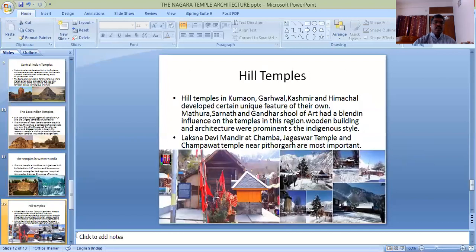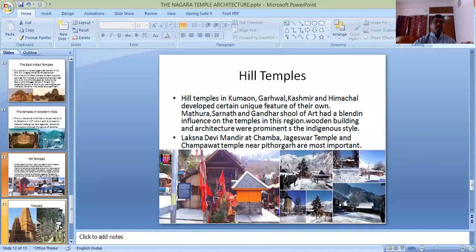And the hill temples, especially in the hill region, in Kumaon, Garhwal, Kashmir, and Himachal developed certain unique features of their own. The Mathura, Sarnath, and Gandhara School of Art had a blending influence on the temples in this region.